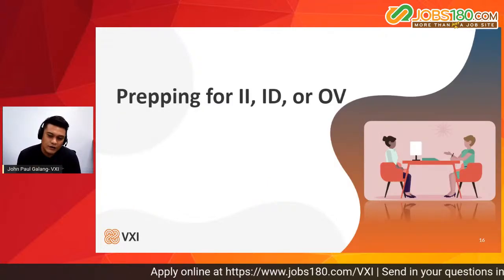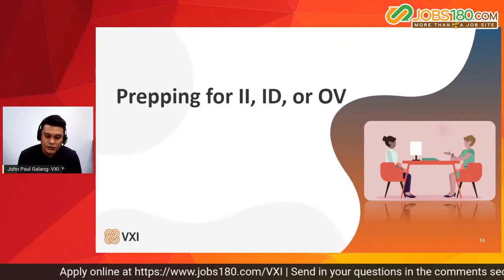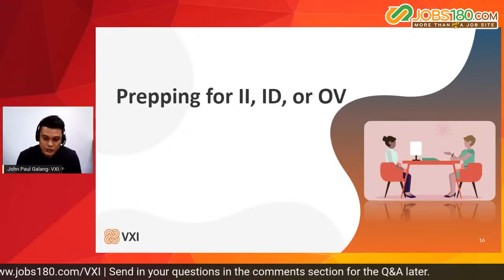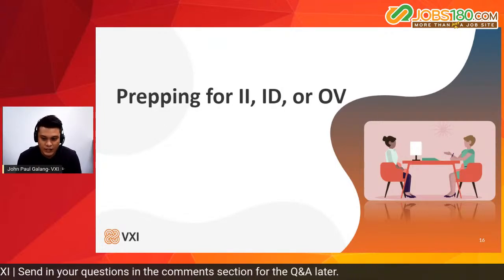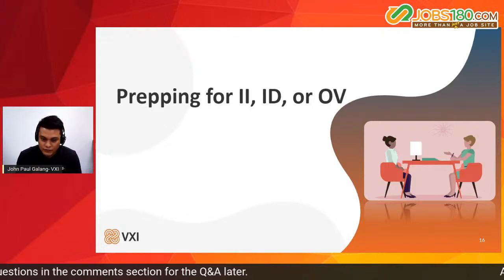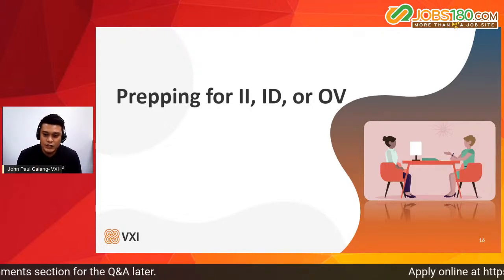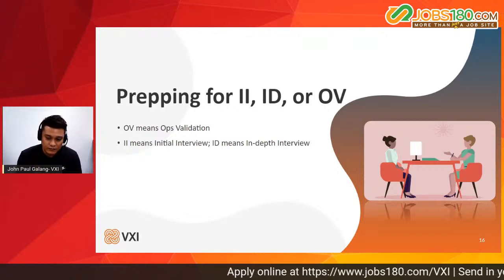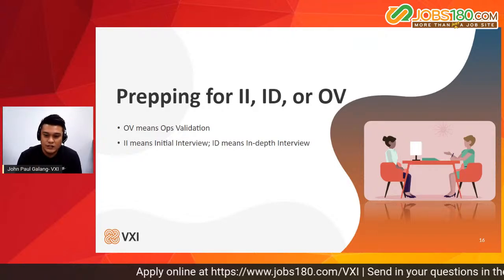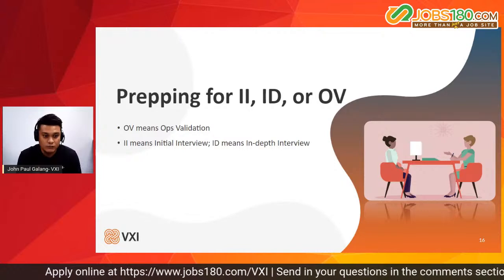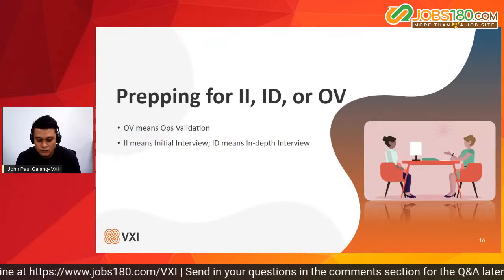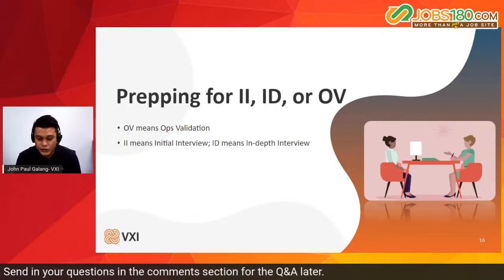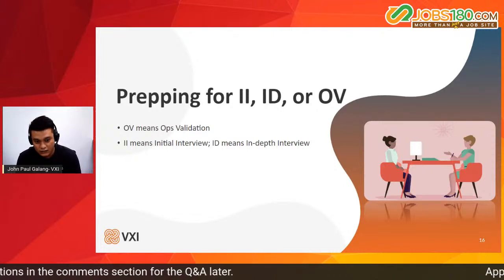Now, there are three interview processes that we are doing with VXI. That's the initial interview, the in-depth interview, and the ops verification. With the initial interview, it is the basic information that they would be asking you, if you are available to work in a shifting schedule, right? 7 to 3, 7 to 4, graveyard shift, 11 to 7 or 11 to 8.